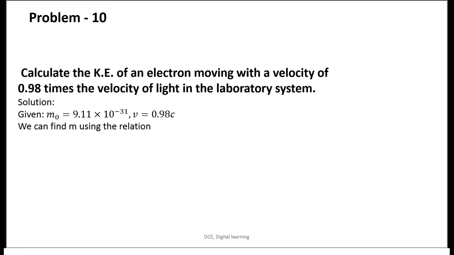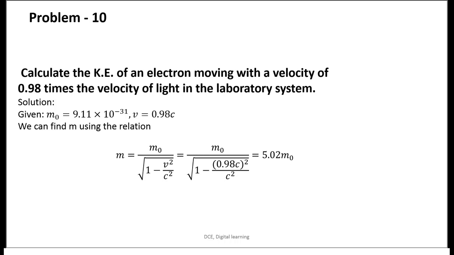We can find m by using the relation m is equal to m naught by root of 1 minus v square by c square. Substituting the value of v as 0.98 c and m naught as 9.11 into 10 power minus 31, the value of m, the relativistic mass, is 5.02 m naught.